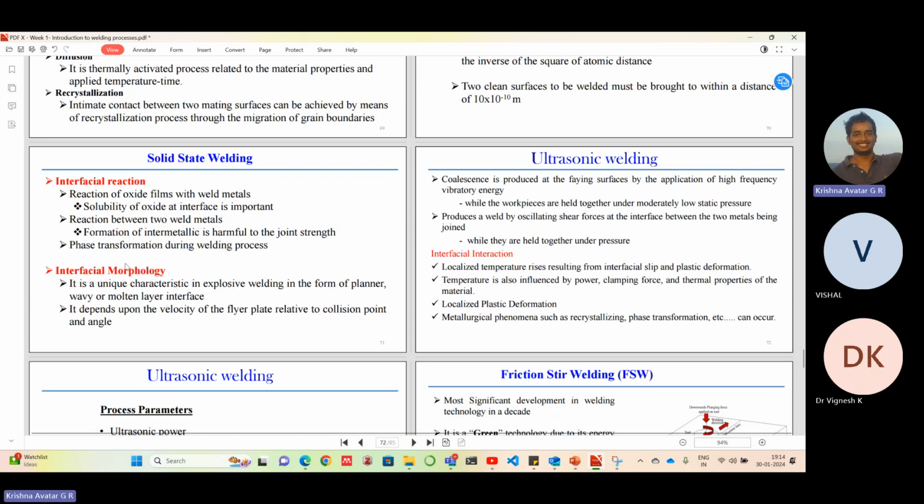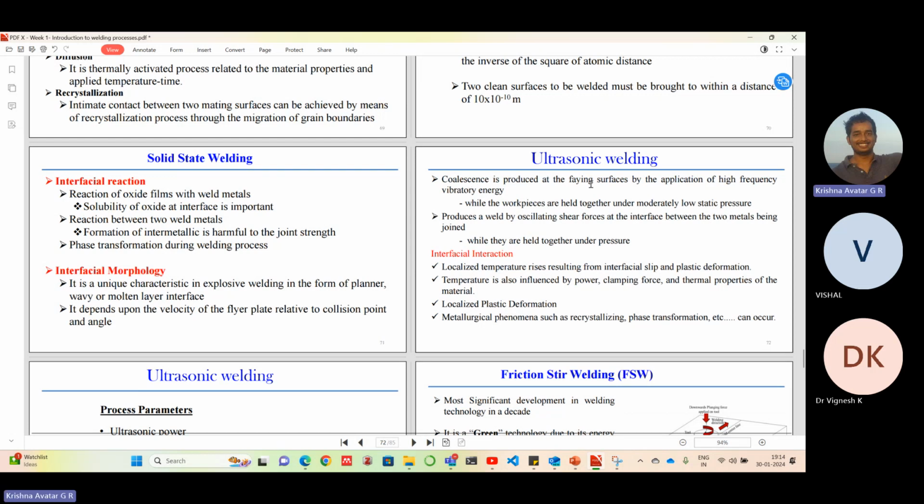And the interfacial morphology is how the interface looks from the surface. It is a unique characteristic in explosive welding, in the form of planar, wavy, or molten layer interface. It will also depend on how fast the flyer plate moves relative to the collision point and at which angle it is subjected.